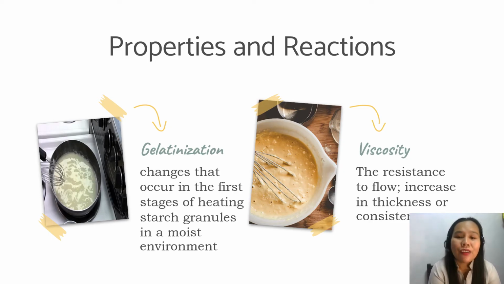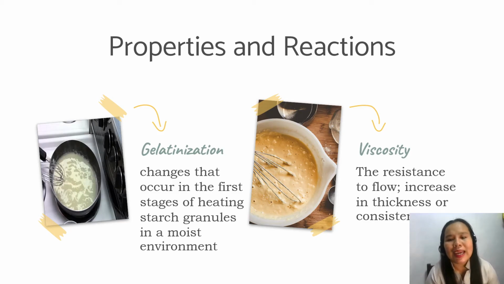Next, we have viscosity, or the resistance to flow. This means an increase in thickness or consistency. When newly gelatinized starch is stirred, more swollen granules break and more starch molecules spill, causing an increase in viscosity or thickness.